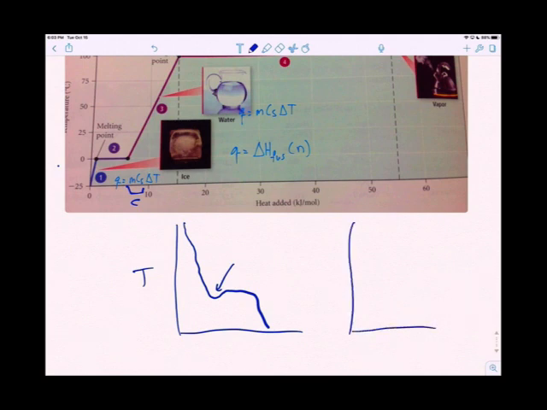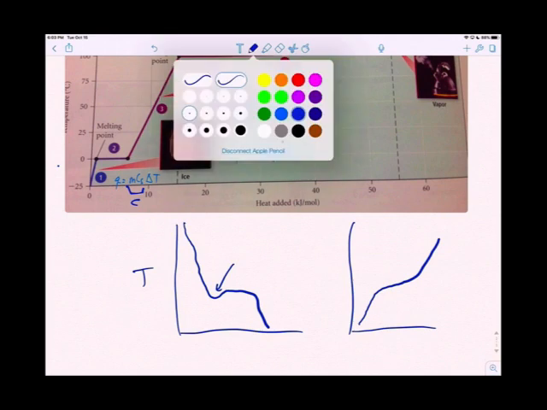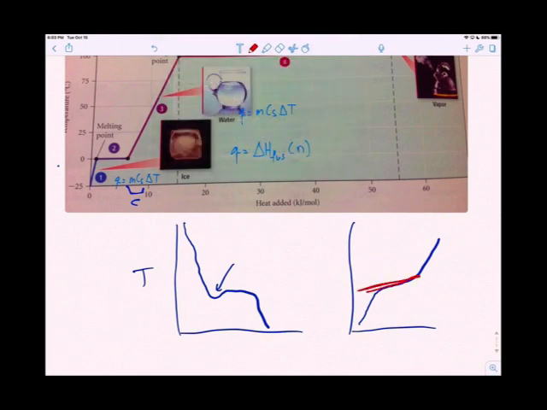Another thing is when you heat things up. So let's go back to heating. Typically, it can look like this, where it's not flat. It's actually a slope. Okay, that's an ugly line. But you can see here there's some concavity in this.